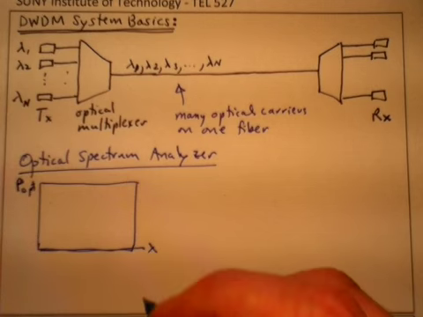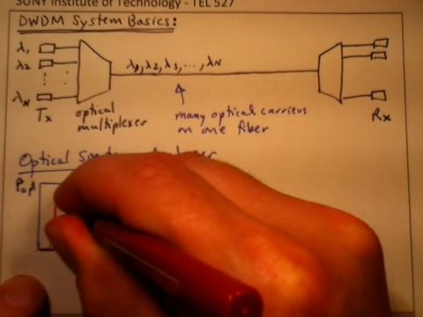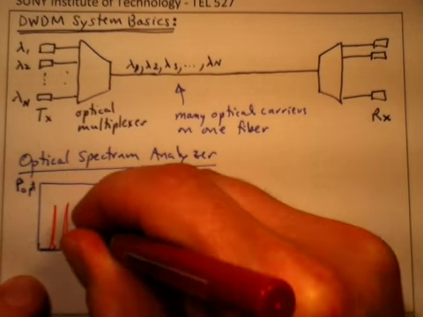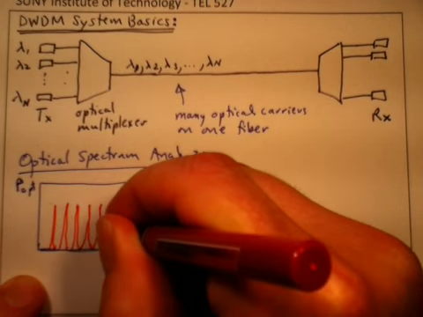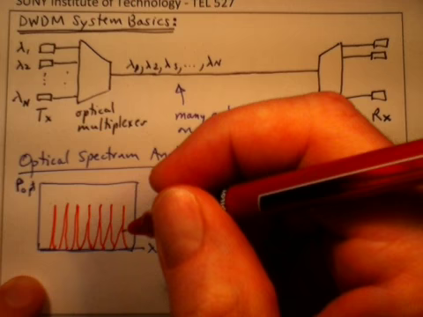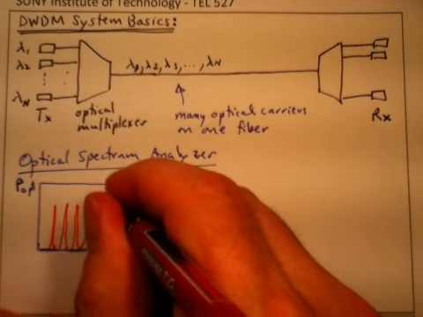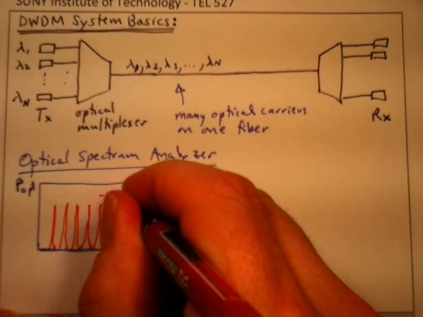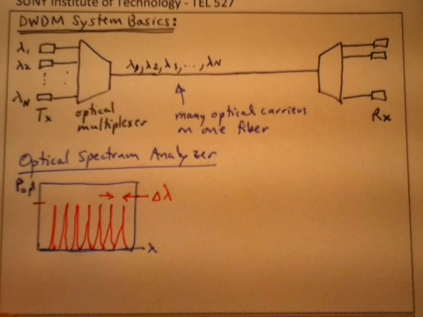You'll see a trace where we have more or less evenly spaced wavelengths appearing, and at least in this picture they all have more or less the same optical power, and that is desirable.